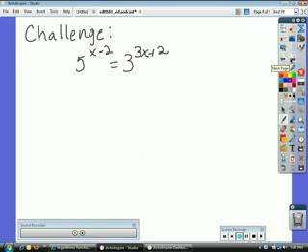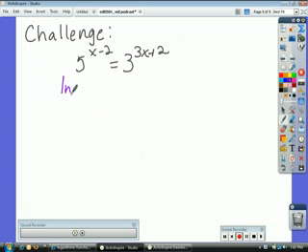Alright, here's a challenge. Now, obviously, 5 cannot be changed to a base of 3, and 3 cannot be changed to a base of 5. So we can't simply drop the bases in this case. We're going to need to do a little bit more. Based on our last slide, one of the things that we can do is raise both sides to a log, or natural log, and I tend to use natural log because it's left to right.